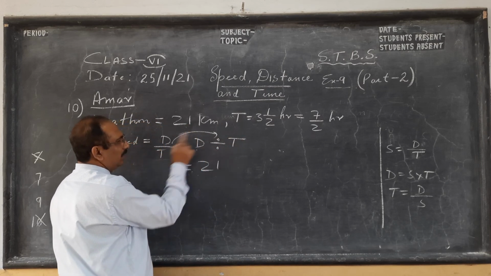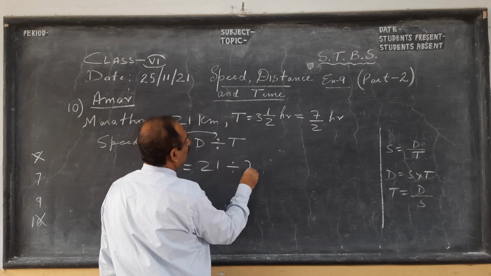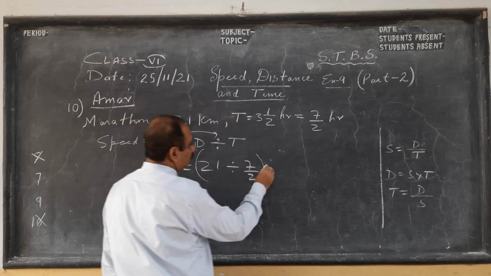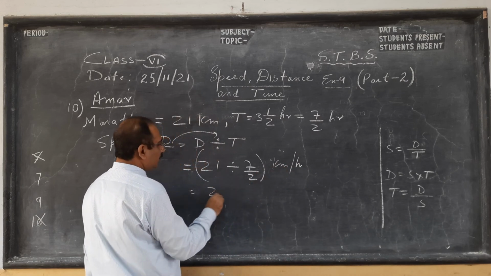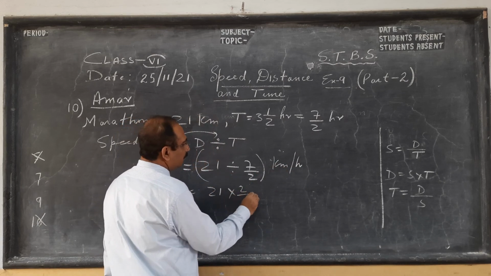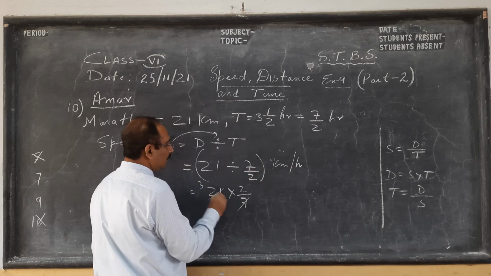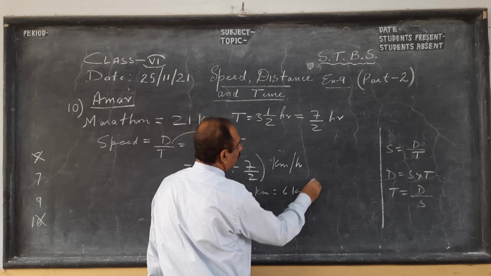Distance is 21, time is in hours, so speed will be in kilometer per hour, divided by 7 by 2. So my unit is very important, children. Speed is kilometer per hour. So 21, when division becomes multiplication, denominator goes up, numerator comes down. So I get 6 kilometer per hour he is running.